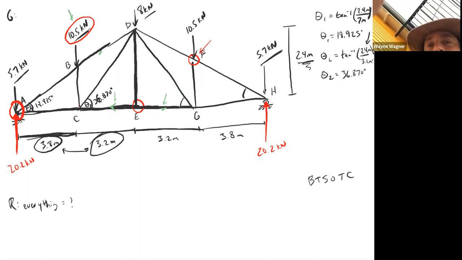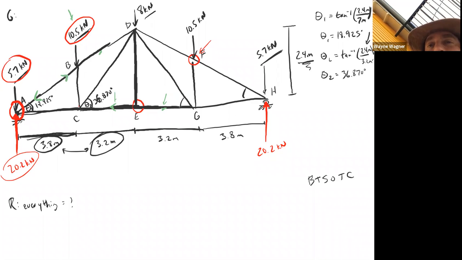Hopefully you can see that. So the difference between this one and this one is 14.5 up, which means that this one right here has to go downwards because it's the only downward force, which means it has to be upwards right here.